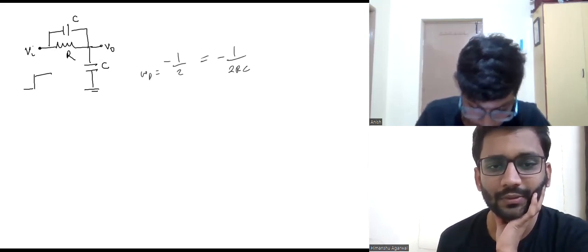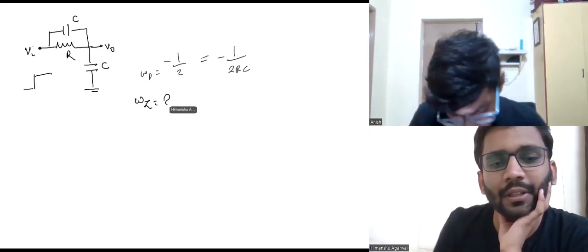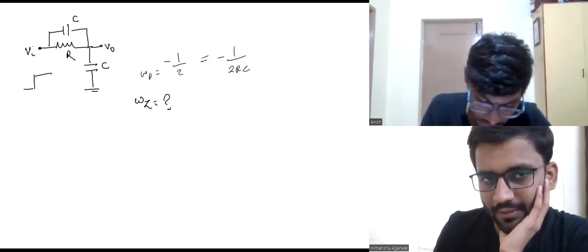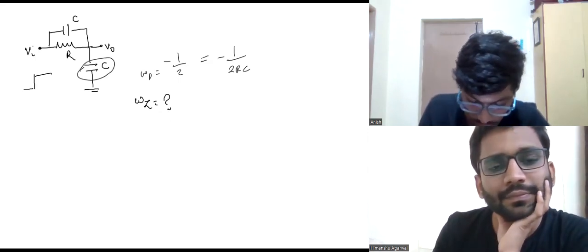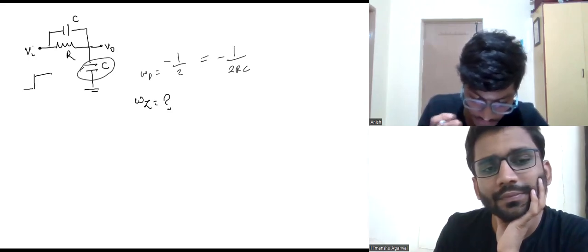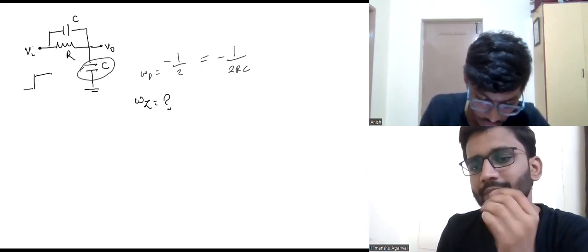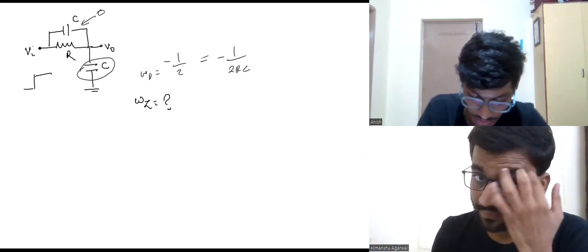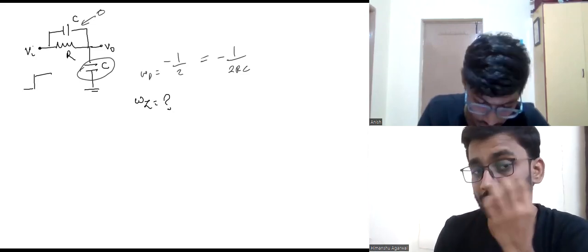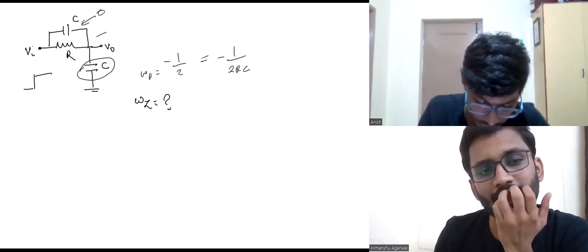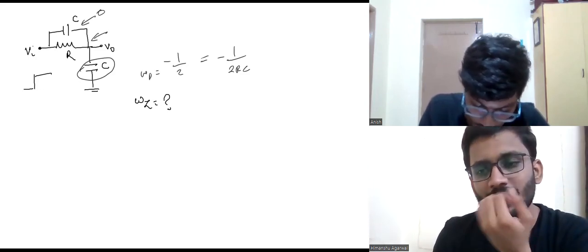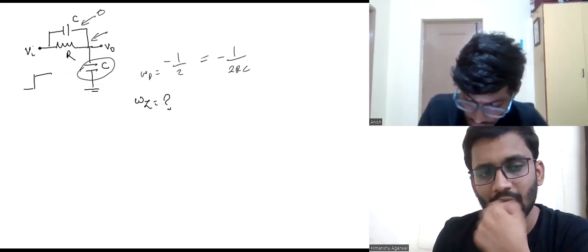Now coming to zeros. If we see this impedance, if we make it 0 at s equals to infinity, and this also goes to 0, then that won't give us any zero. But if we break the link between this one, this is the parallel combination of C and R. So if the denominator becomes 0, then we can get a zero, right?